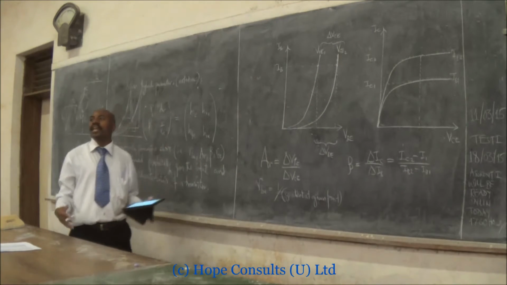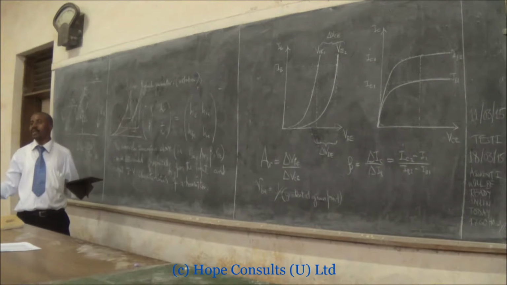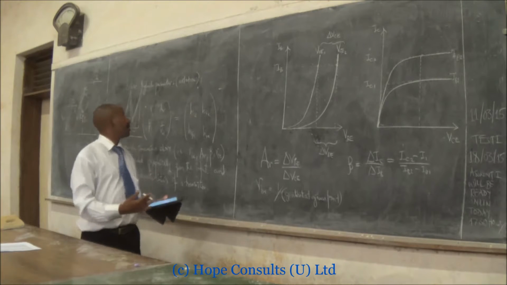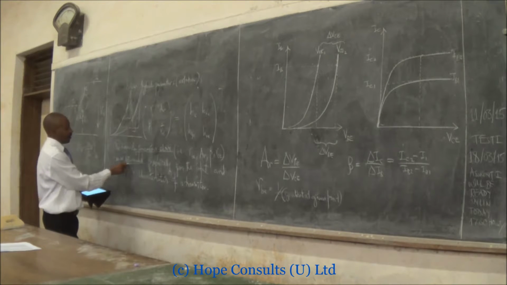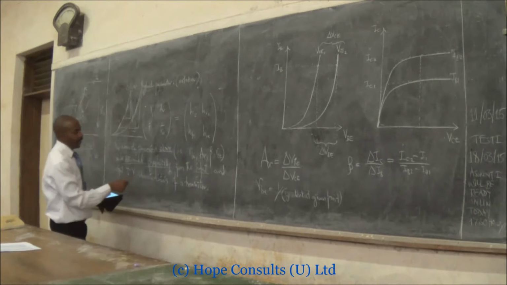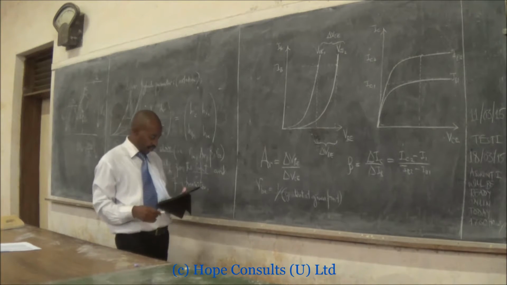I'm just trying to derive these things, but really we are not seeing where we're coming from. We are determining them graphically, by using the input and output IV characteristics of the transistor.